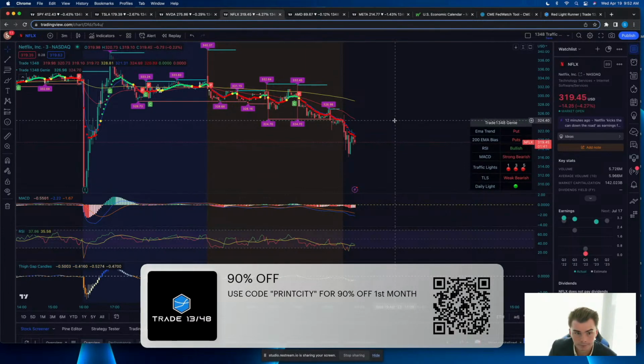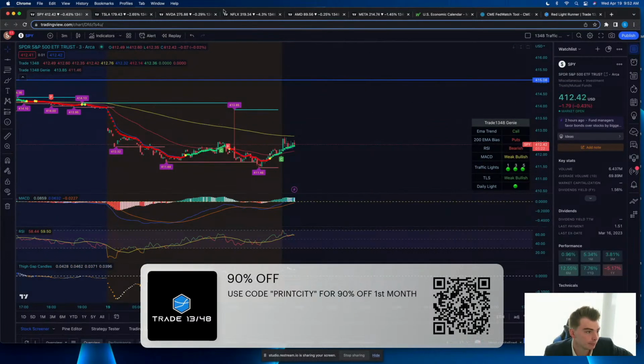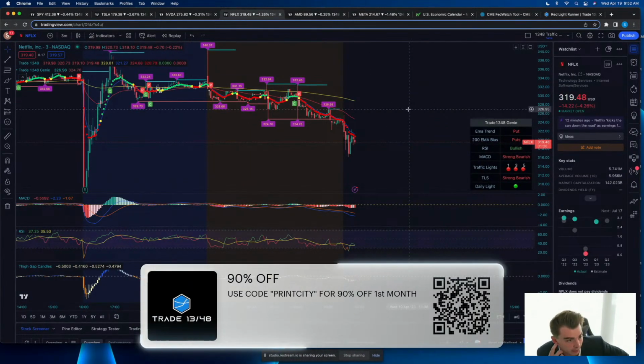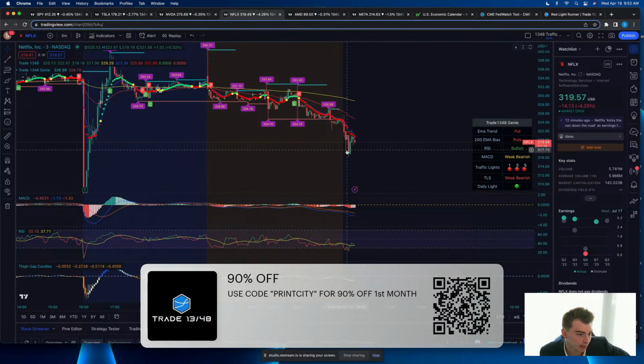Let's see. This 3-minute 200's a fucker. Or 3-minute 13. It needs to get above there. It needs like a move like this, shooting back up.